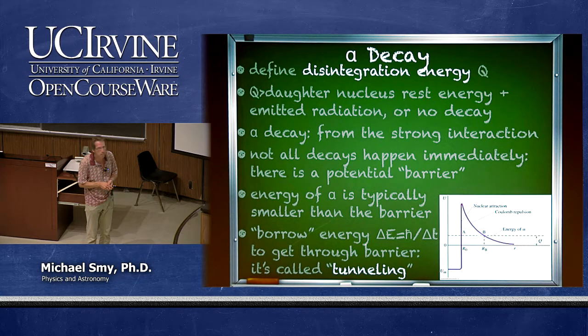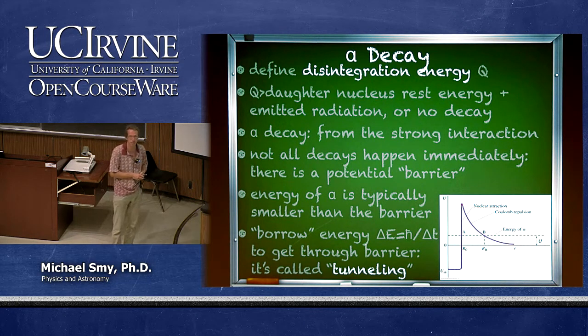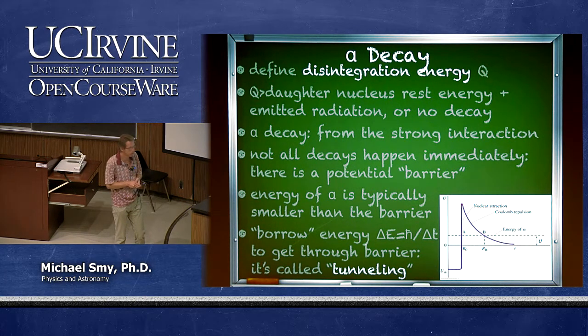And once it's at point B, it goes the rest of the way. So this is one example where the uncertainty relation is actually giving you physical effects. So classically, the nucleus should never disintegrate, as long as you don't have an energy that is bigger than that peak value. But with quantum mechanics, you get such disintegrations.